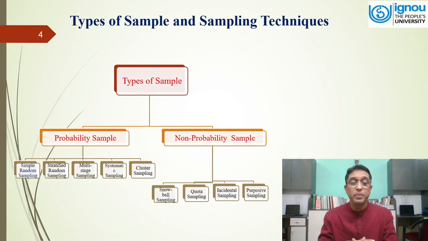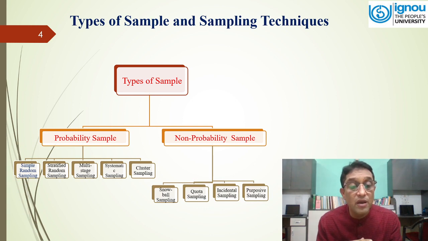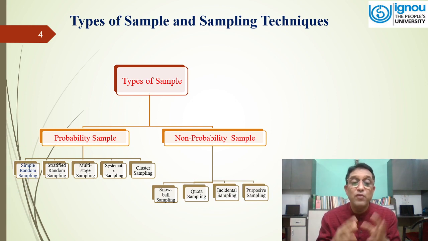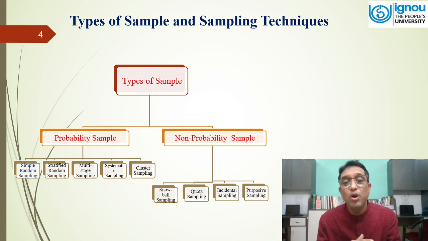Let us go forward. I have already said that so far as the types of sample and sampling techniques are concerned, sample is of 2 types. One is the probability sample and the other is the non-probability sample. Especially in educational research, when we do a piece of research in the discipline of education, either we take a probability sampling method or we adopt a non-probability sampling method.